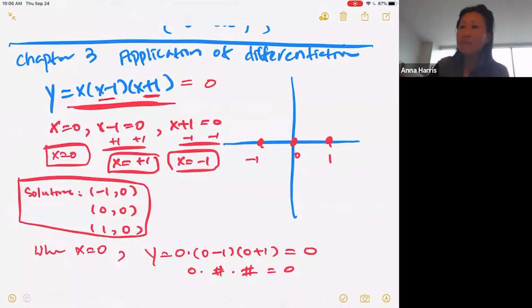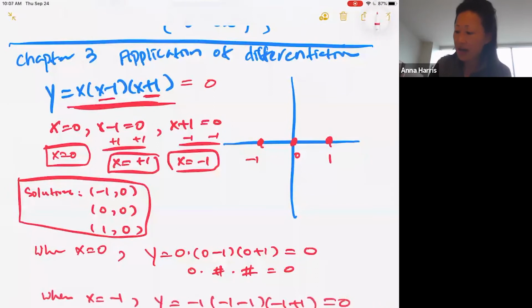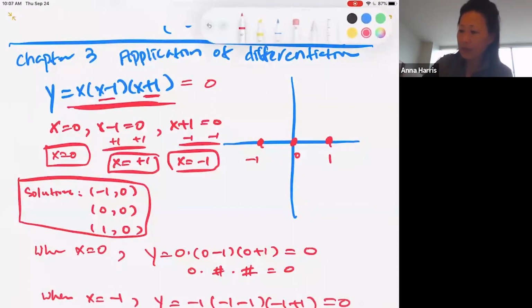For right now, I'm not using calculus, just simple algebra. We figured out what x makes y equal to 0. Now we're gonna figure out what happens in this graph. I want to know values.